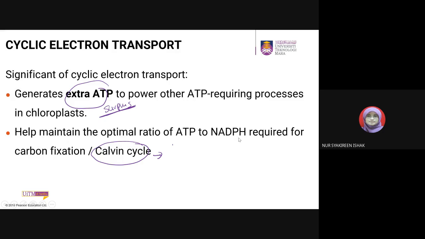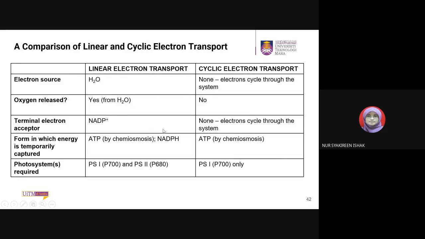Okay. So this table shows the comparison of linear and cyclic electron transport. Okay. So kalau linear tu maksudnya non-cyclic lah, ingat eh. Linear juga dikenali sebagai non-cyclic. So boleh guna mana-mana. Linear sebab apa?